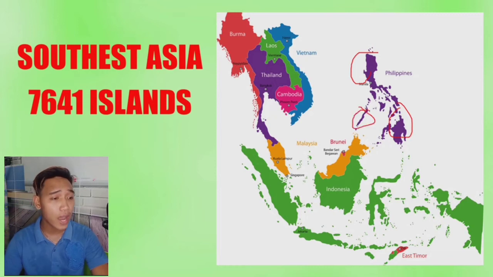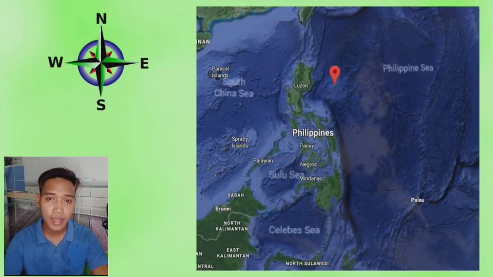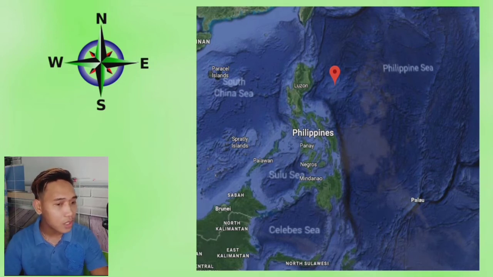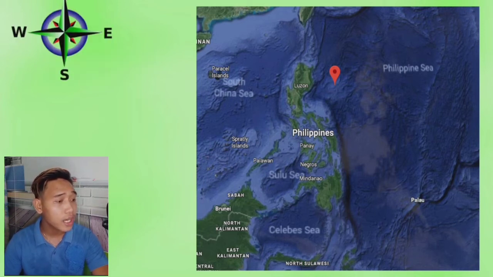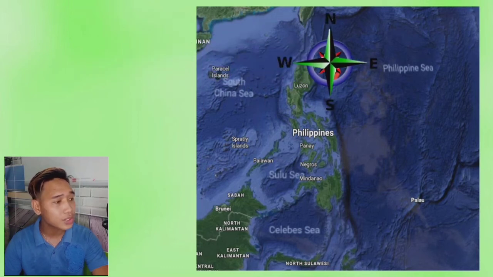A while ago, I asked you to describe the country by looking at a map. Now, take a look at this map. You could say that the Philippines is an archipelagic country surrounded by different bodies of water, found in the western Pacific Ocean.